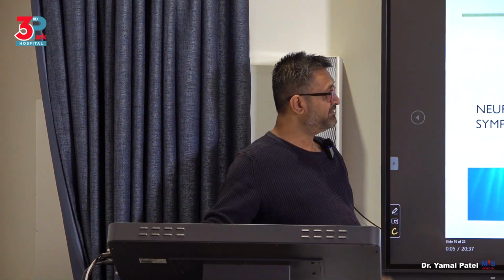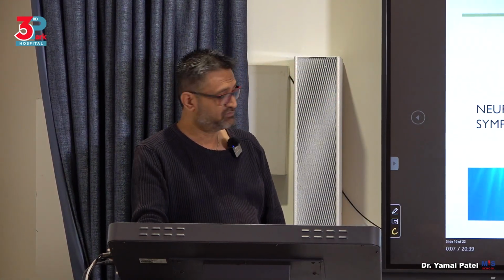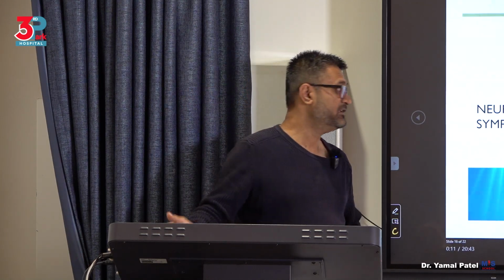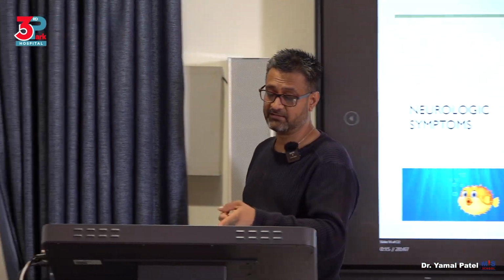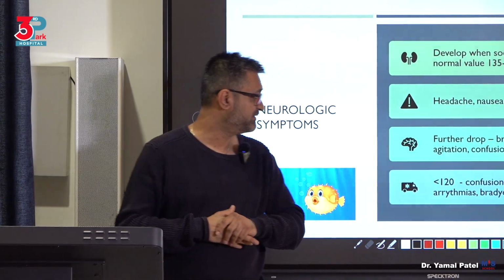How do you know? Well, you will develop them when the sodium falls below 125 millimoles. The normal value is 135 to 145. So when it starts dropping, you can start getting these complications. The patient may get headache, nausea, vomiting, generalized weakness. And if it further drops, you'll start seeing effects of brain edema and increased intracranial pressure.